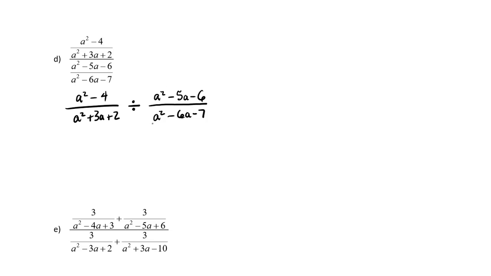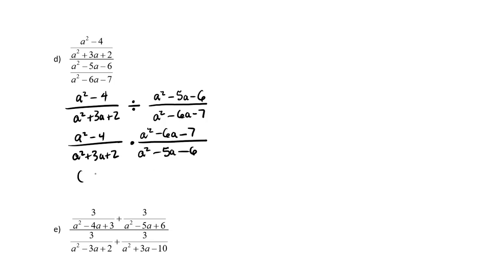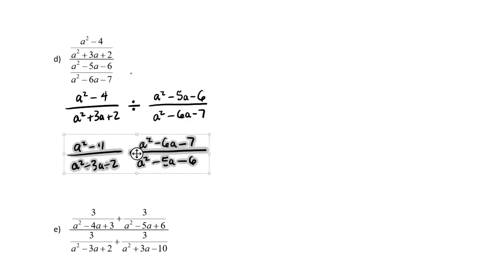So if I flip this second fraction over, I'll have a squared minus 4 over a squared plus 3a plus 2 multiplied by the reciprocal, which is a squared minus 6a minus 7 over a squared minus 5a minus 6. If I factor the numerator, I'll have a plus 2 times a minus 2.